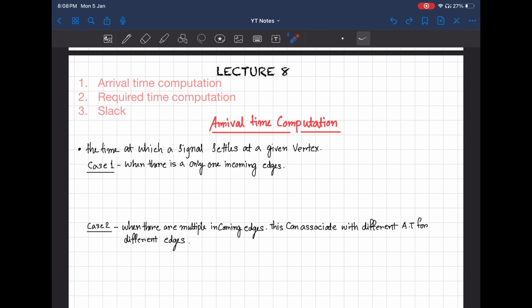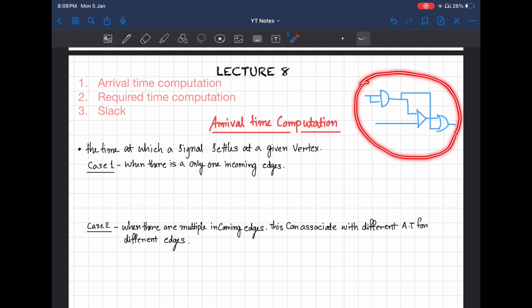Suppose there is this type of condition in your simple combinational circuit. I'll try to give one example so that you will understand. Why do we need to calculate arrival time and required time?